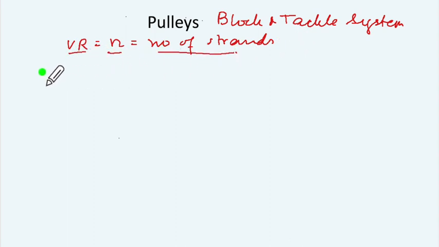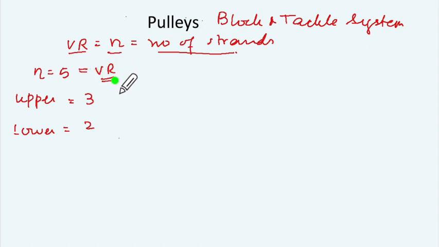So if they tell you there is a pulley system where the total number of pulleys are 5, then they will ask you in the upper block how many, and in the lower block there would be how many pulleys. So remember, 3 plus 2, like that we will have the distribution of pulleys, and then the number of strands also is going to be 5, and velocity ratio also is going to be 5.